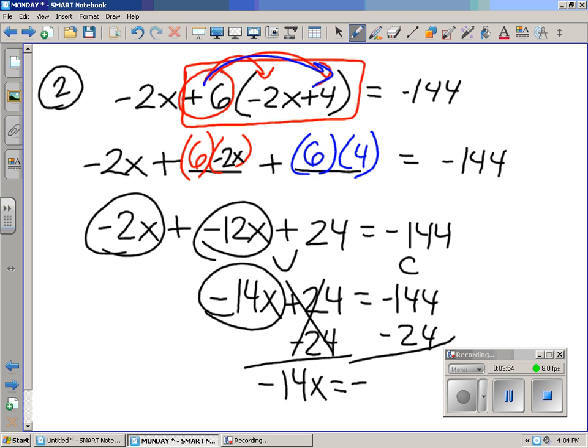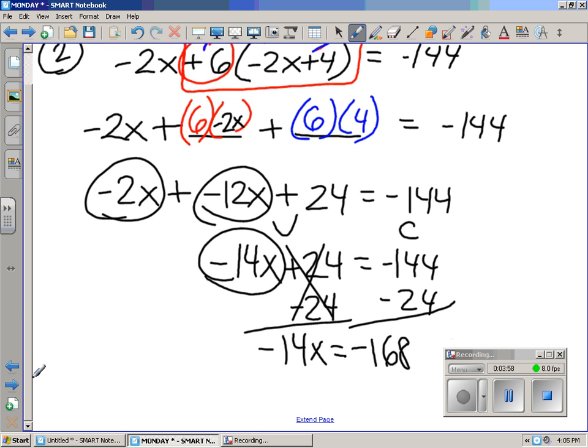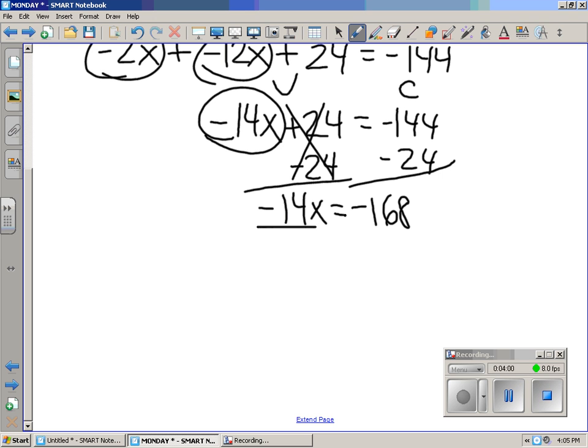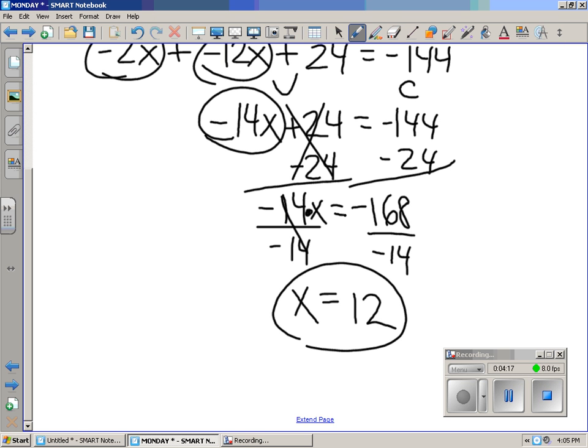On the right side, I'm left with negative 168. And then the final step is to use the inverse operation of multiplication and divide both sides by negative 14 to isolate the x variable. I take negative 168 and I divide it by negative 14, and I get 12. Positive 12 is the answer to 2.